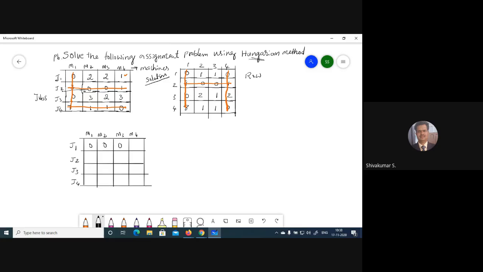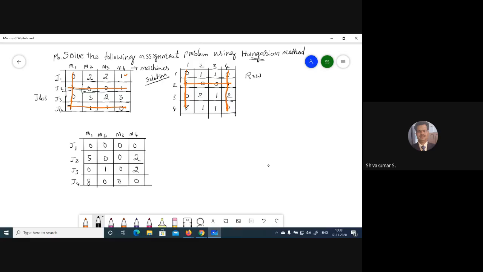This becomes 0, and the 4 becomes 5 because I want to add a value. So 0 as it is, 0 as it is, 1 becomes 2. Next 0 as it is, and 2 becomes 1, 1 becomes 0, and 2 as it is. And lastly 8 as it is, 1 becomes 0, 0 and 0. Okay, this is the table now.